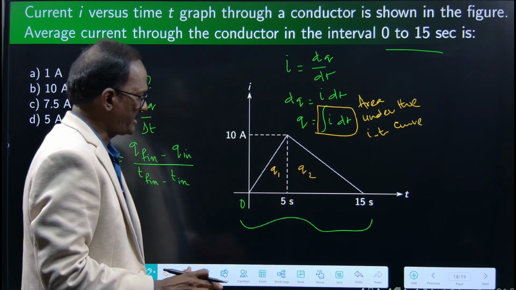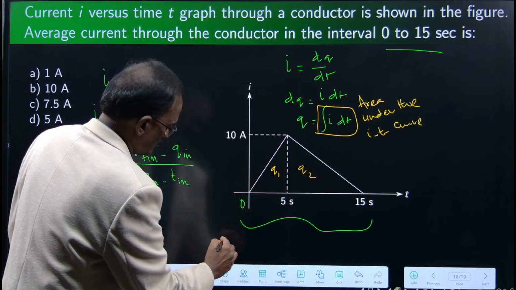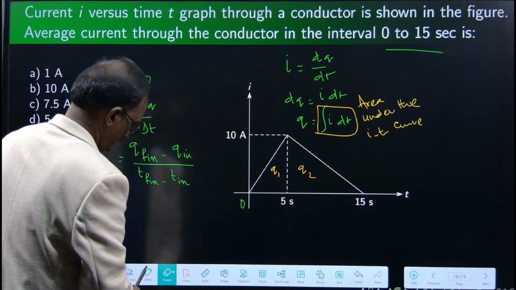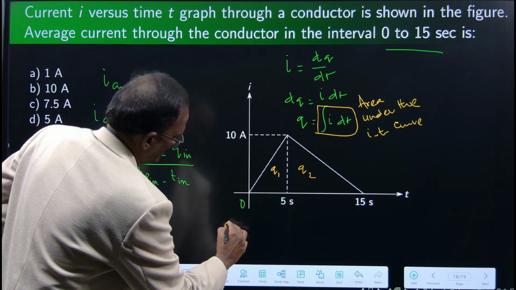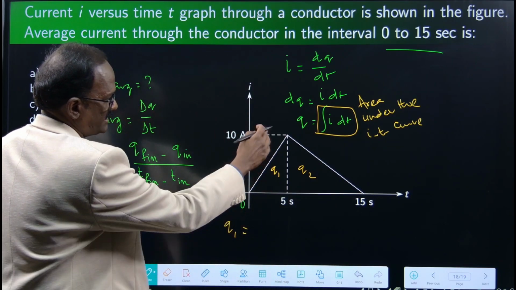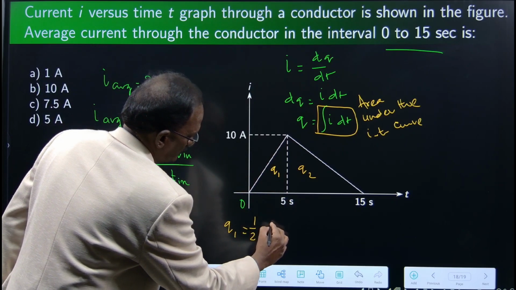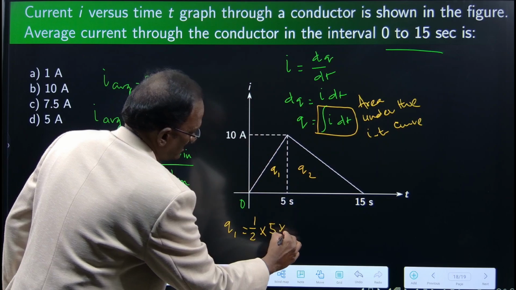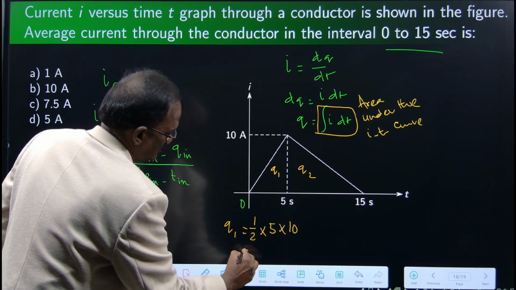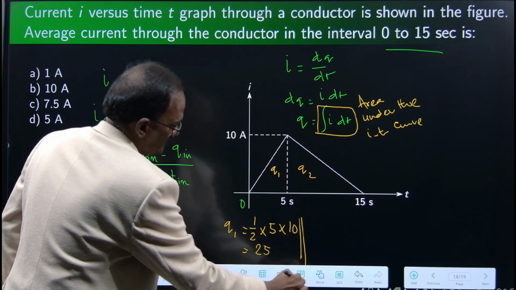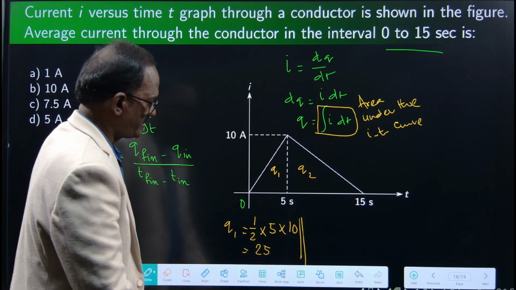Two areas I have to find. Q1 is equal to this area, a triangle: half into the base 5, the height 10. So this will be 50 by 2, which is 25. Q1, this area, is 25.